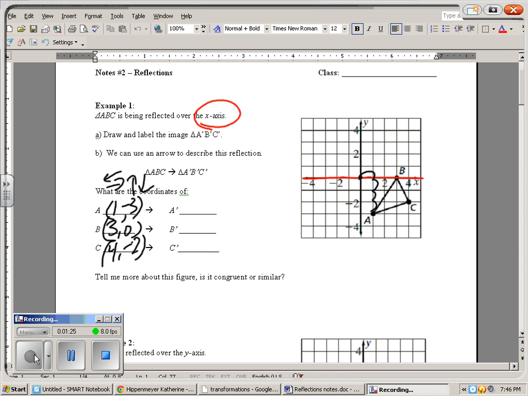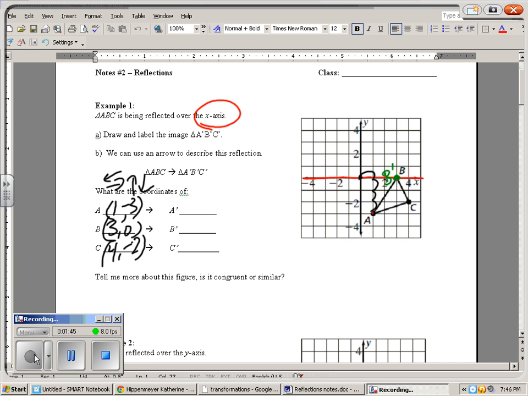Now we're going to create our image by reflecting the pre-image over the x-axis. So B is really simple. When you flip it, it remains on the x-axis, so this becomes B prime.